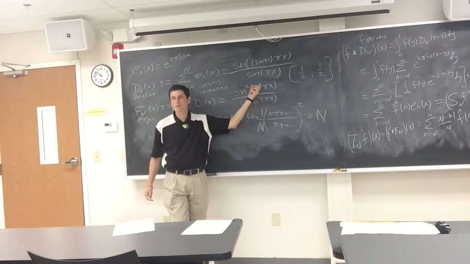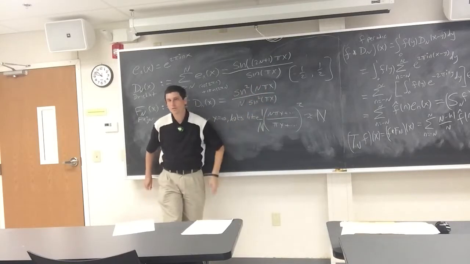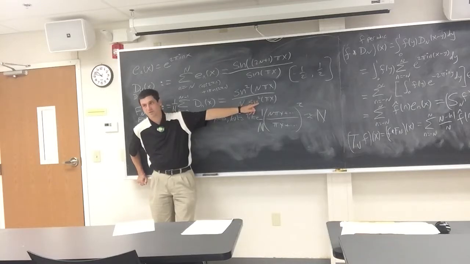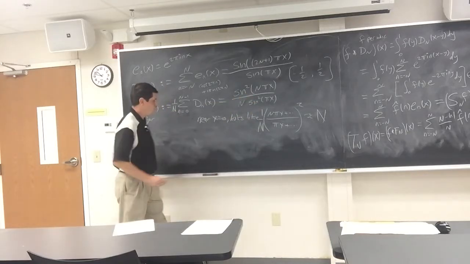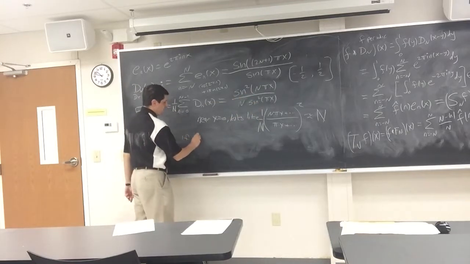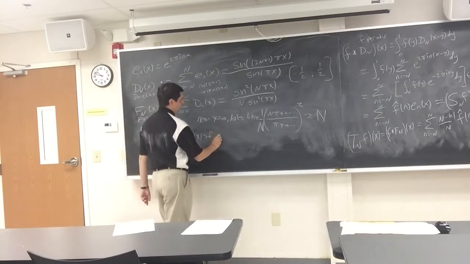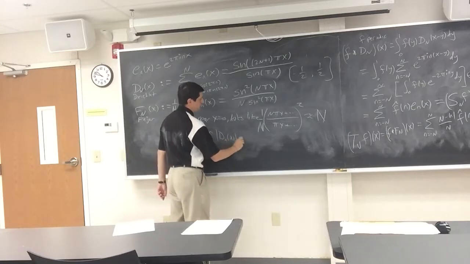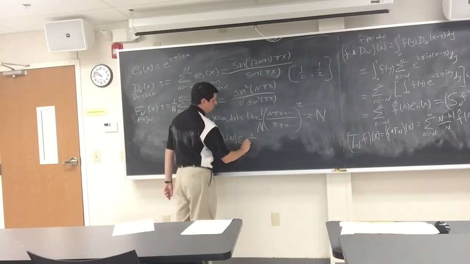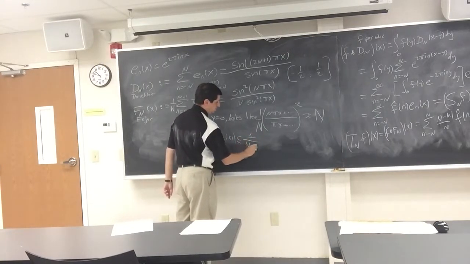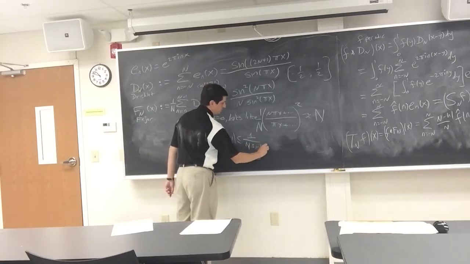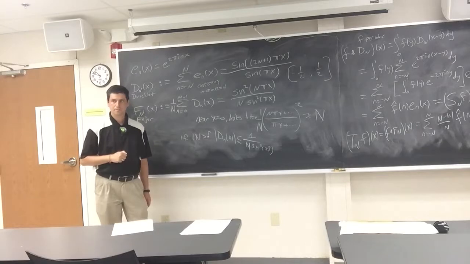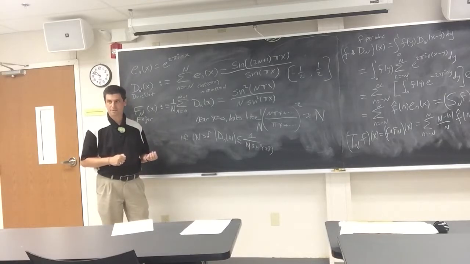So if I want to see what's the worst possibility, it is when x equals delta. And so if the absolute value of x is greater than delta, then D_n of x in absolute value is less than or equal to 1 over n sine squared pi delta. Remember, delta is fixed.